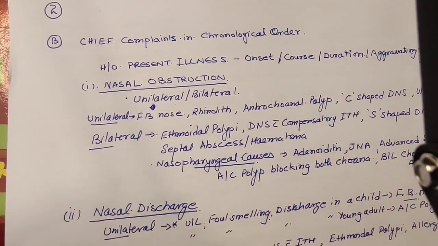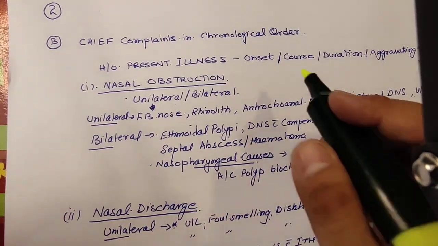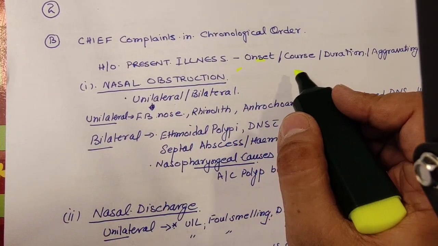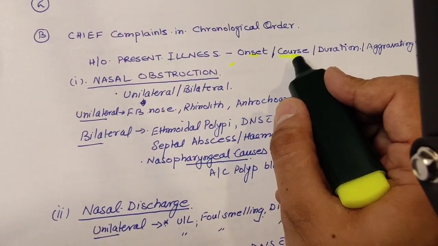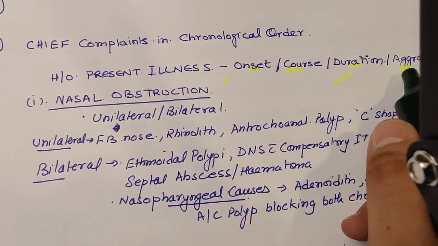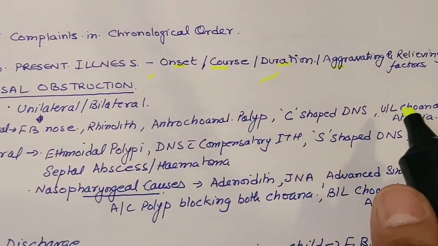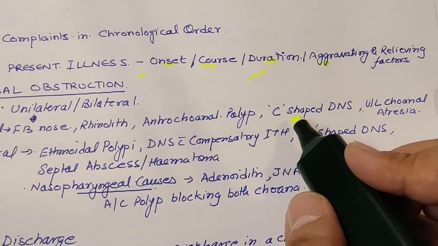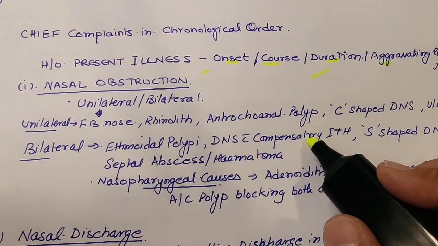Another thing I need to tell you is that in the history of present illness, once you are elaborating the chief complaints, you have to take down certain points: the onset of the disease, the course of the disease, the duration, and the aggravating and relieving factors. Based on this, all the complaints are elaborated.